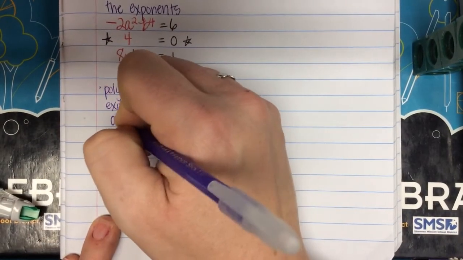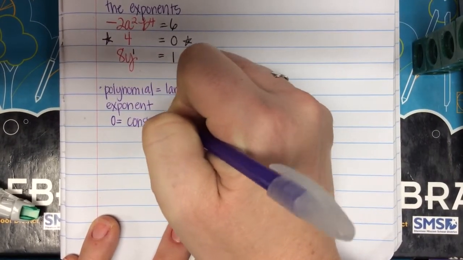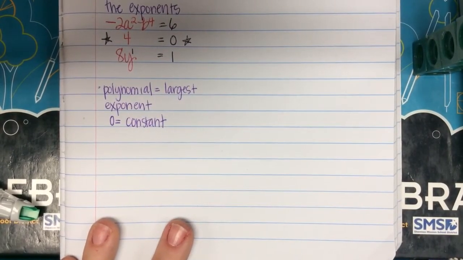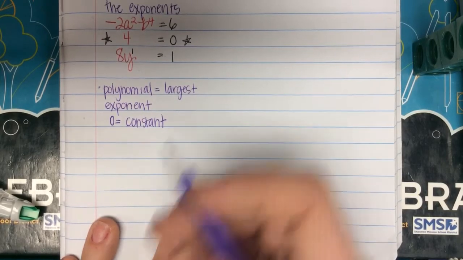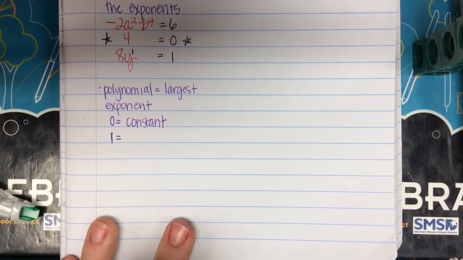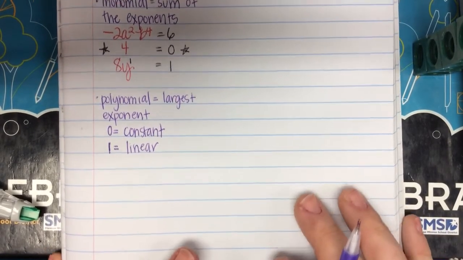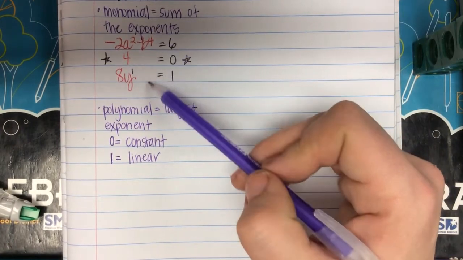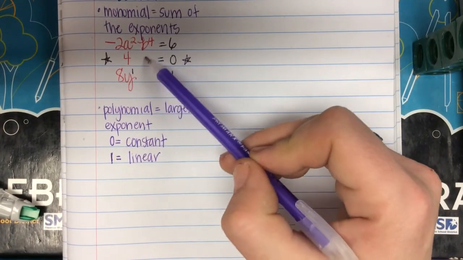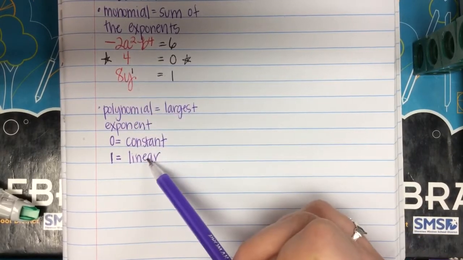If the largest exponent is 0, or is a constant, there is no exponent, 0. If the largest exponent is a 1, we call that linear. So looking at those examples up here, this would be a constant, and this would be linear.